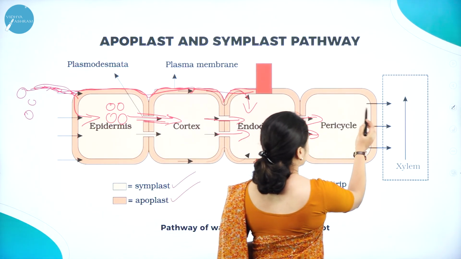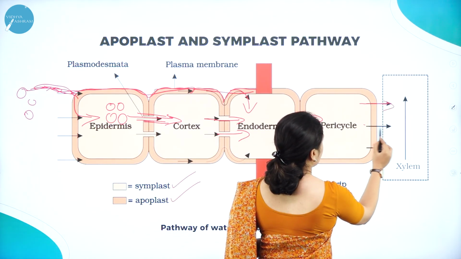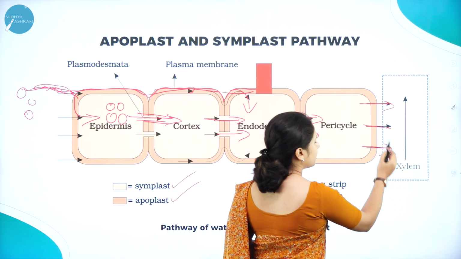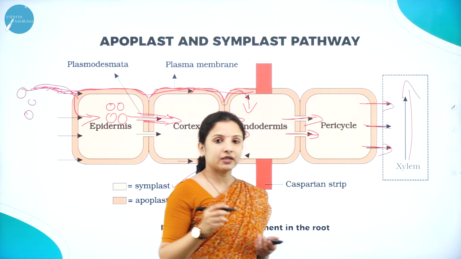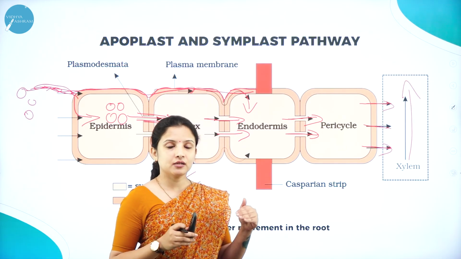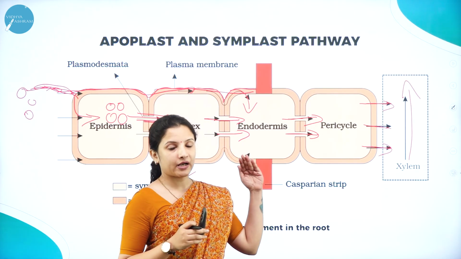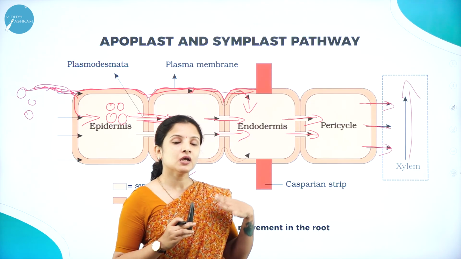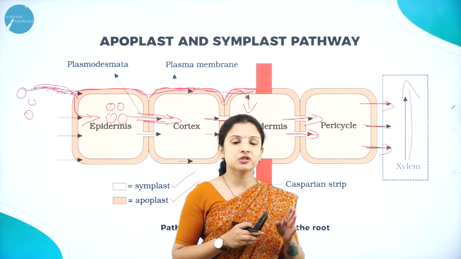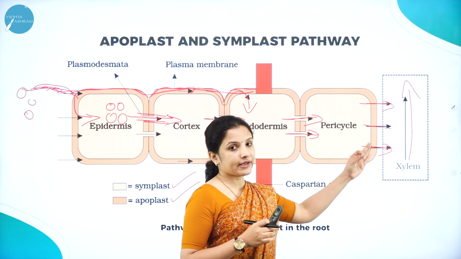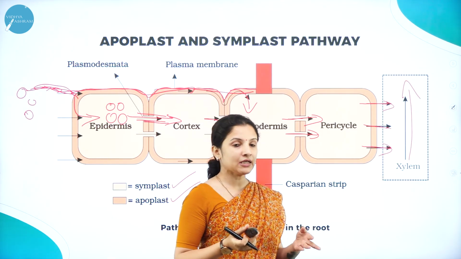It will enter into the pericycle and then into the xylem, and from the xylem the upward movement of water will occur, wherein the xylem will carry the water to different parts of the plant body, the upper parts. For this upward movement of water, root pressure and transpiration pull will be applied, which you will study in the coming session.